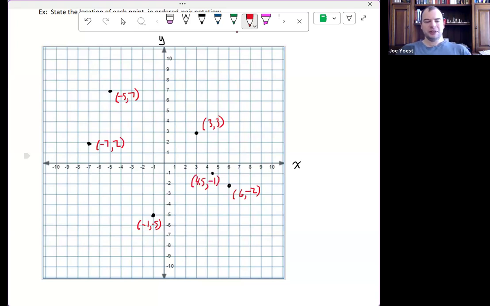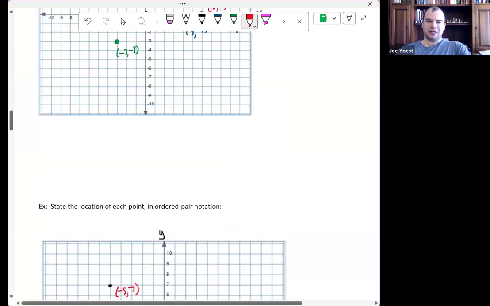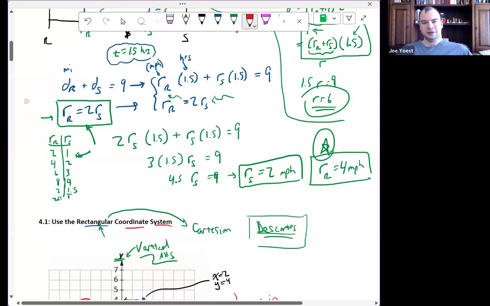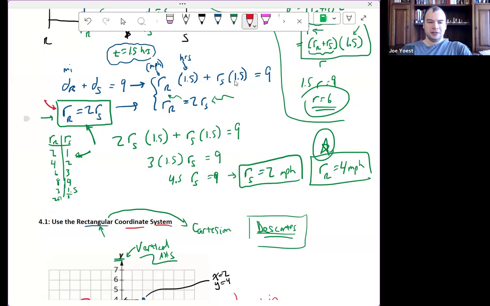So one thing to note here is that anytime we're dealing with a visual representation, there's always going to be some margin for error, right? If I say something algebraically like r equals 2s, that's a very specific statement with zero error in it, at least as an algebraic statement.